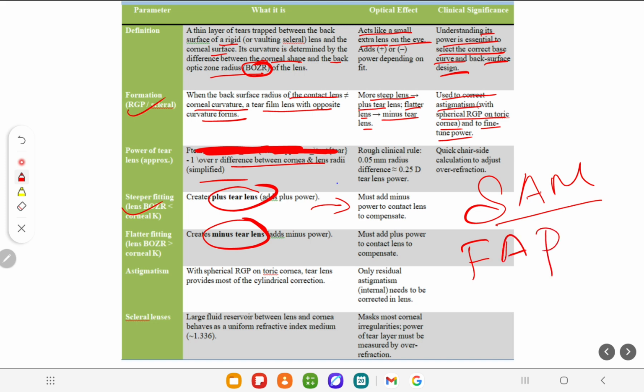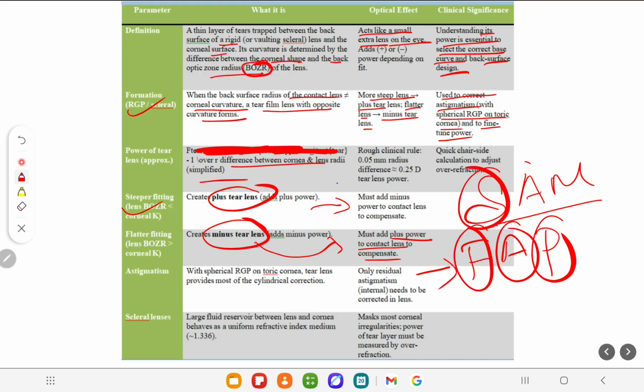This rule came because flat fitting will create a minus tear lens, and to neutralize the minus tear lens we have to add plus power into the contact lens. So that's why flat fitting adds plus, the FAP rule. Steep fitting must add minus power to the contact lens to compensate for the plus tear lens. That's why the SAM and FAP rule came.